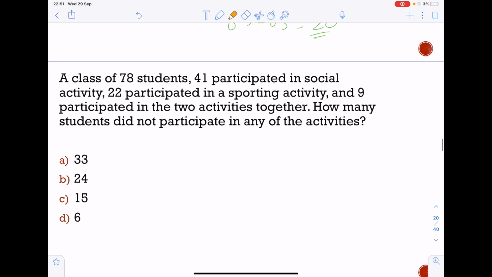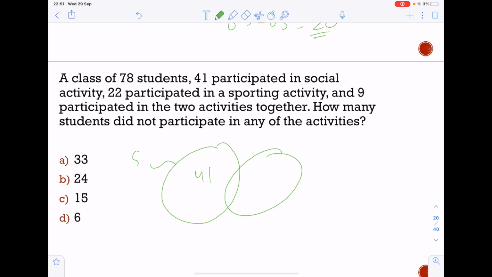Let's see another example here. A class of 75 students. 41 students participate in social activity, 22 students participate in sport activities, and 9 participate in both. So here is 9. How many students did not participate in any of the activities?